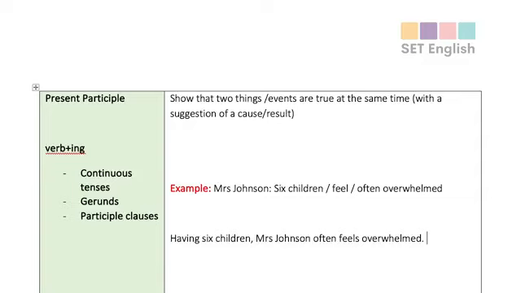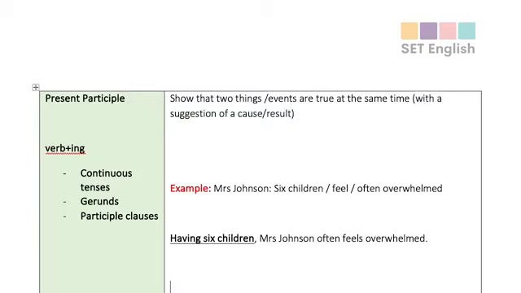Okay, but this participle clause, what it's trying to say is, this is true at the same time as this. Okay, so this bit here, this is our present participle clause. This is true and this is true, same time. Yeah, there is a suggestion of cause and result, absolutely.